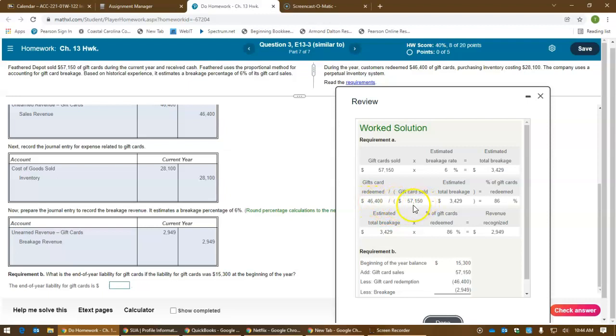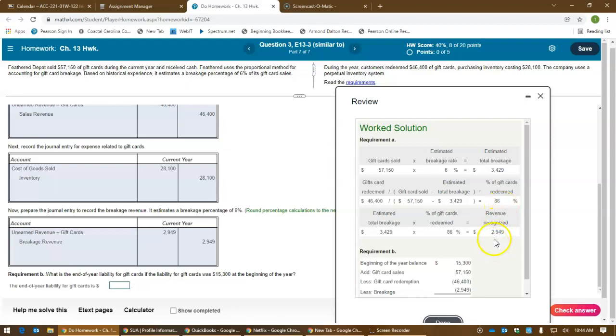That's going to be your numerator over the amount of the gift cards sold, $57,150, minus the breakage that we calculated in step 1, and we get a percent. So that is the percent of gift cards that were redeemed. We're calculating a percent. Then take the amount of the breakage that was calculated in step 1 and multiply that by the percent that you got in step 2.